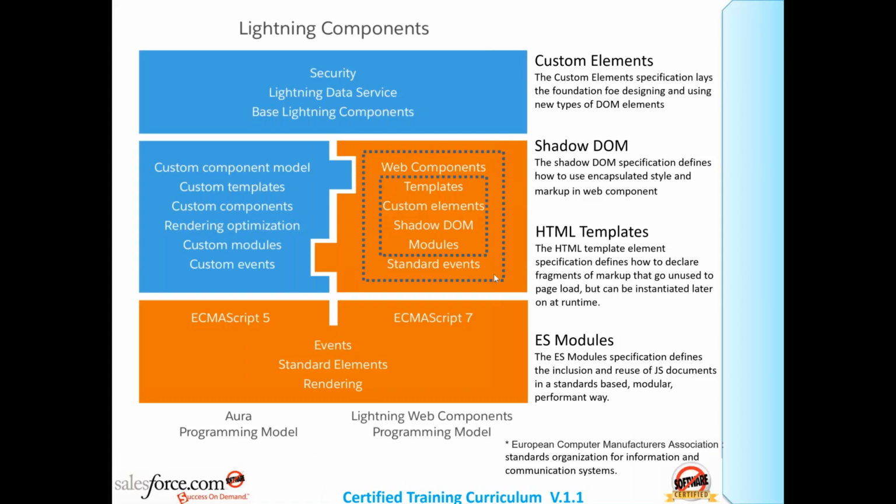Next, Lightning component (Aura) is an ECMA5 compatible programming model, whereas LWC is an ECMA7 compatible programming model.